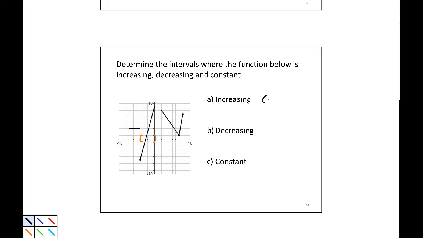So it's increasing on (-4, 0). It's also increasing on this interval right here, from here to here. That would be at 2, 3, 4, 5, 6, 7, from 7 to 8. So we would write that as union (7, 8). Those are the places it's increasing.